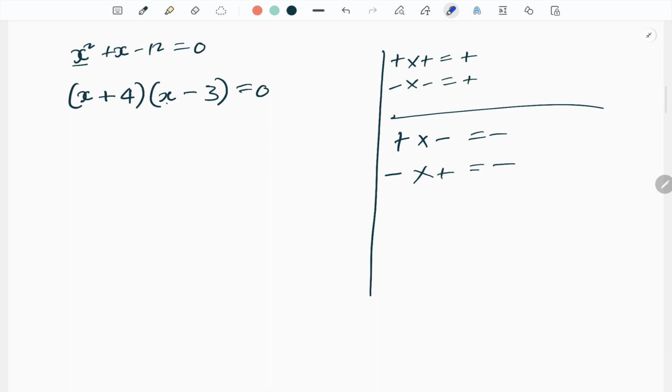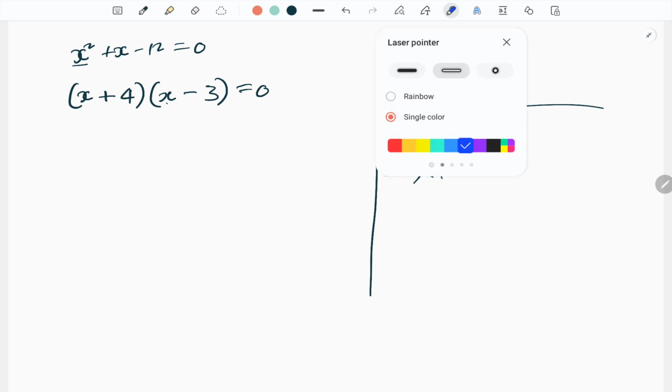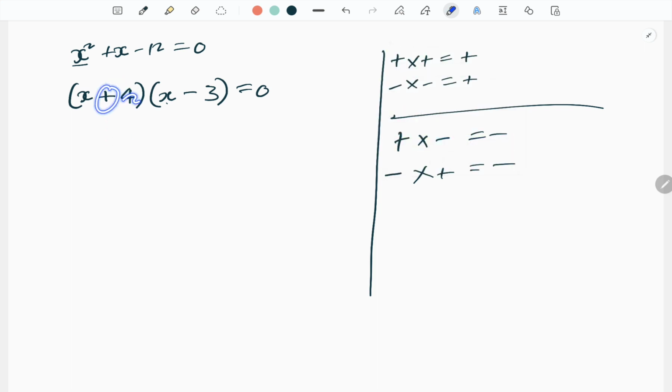Okay, so let's do that. Positive times positive gives positive, and 4 times x gives 4x.